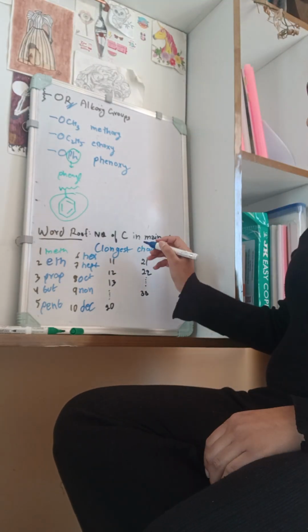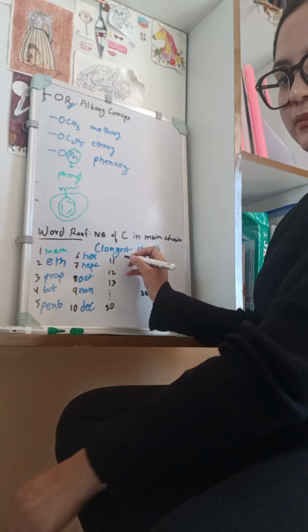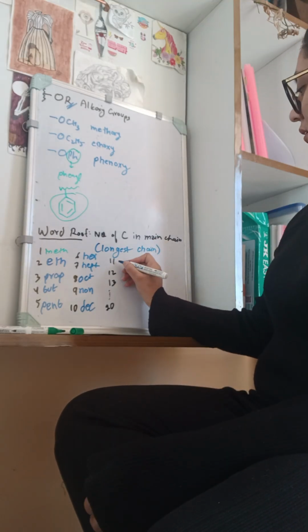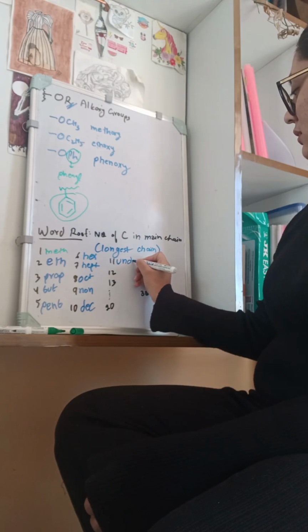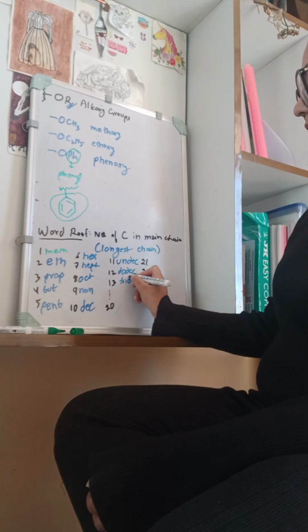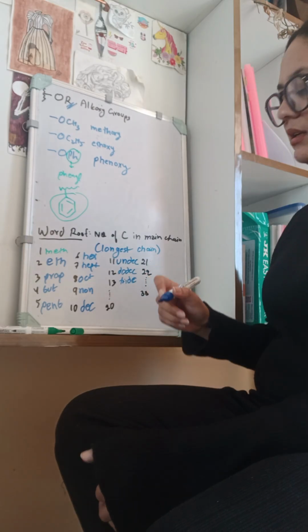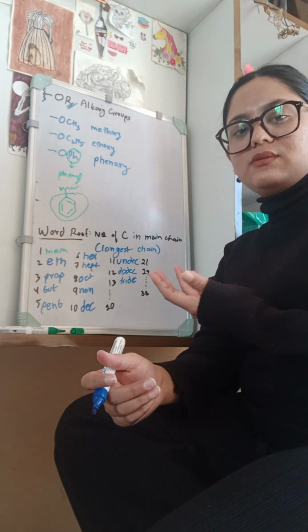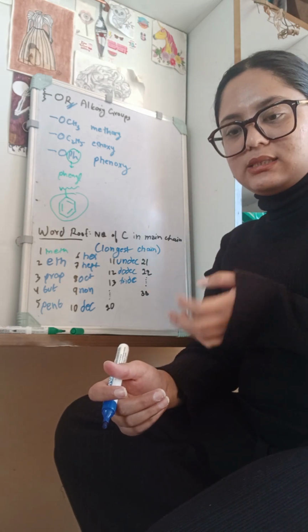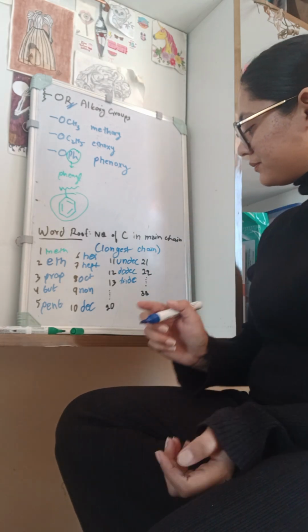11 is going to be undec. 12 is dodec. 13 is tridec, and similarly we'll keep going: 14 is tetradec, 15 is pentadec, 16 is hexadec.